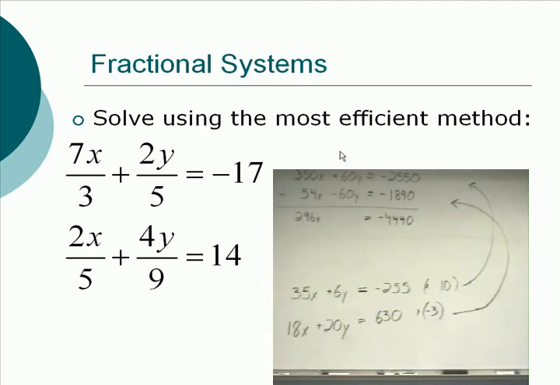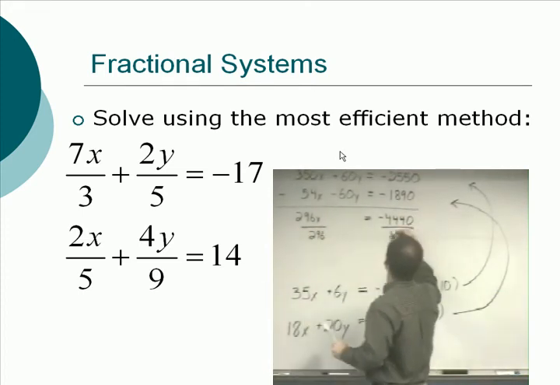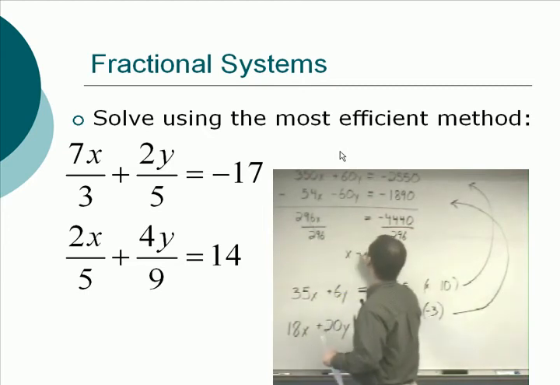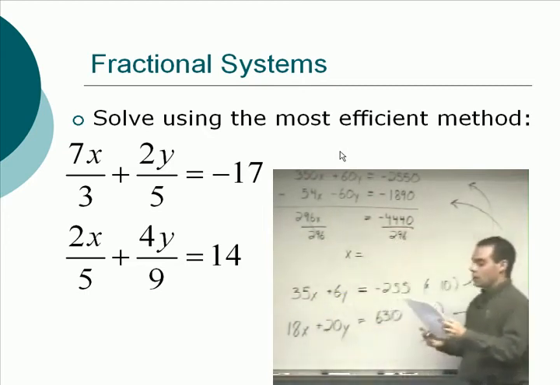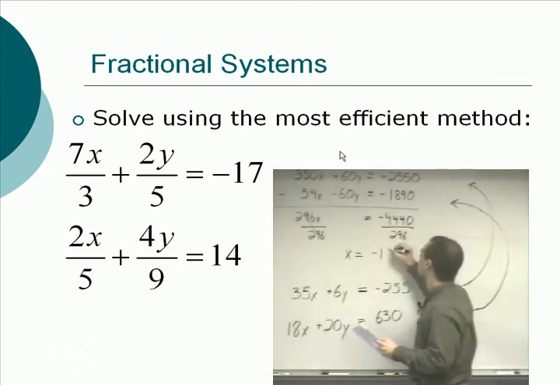Okay. Well, now we can solve for x. Divide both sides by 296. What does that work out to? Negative 15? x is negative 15.